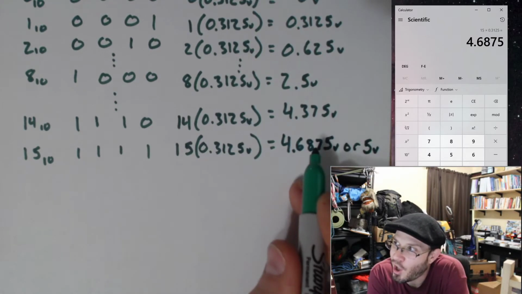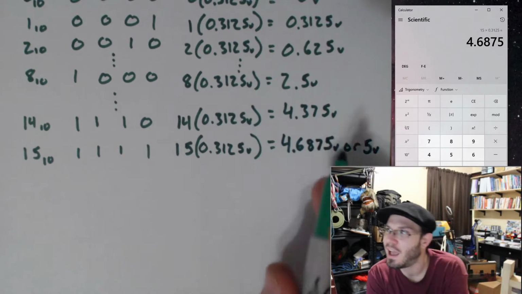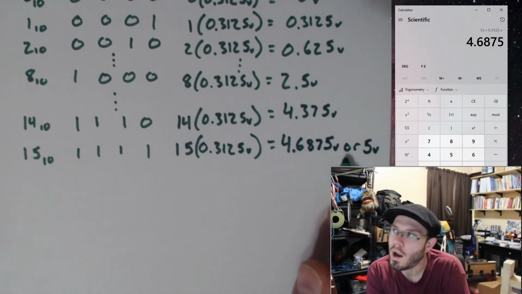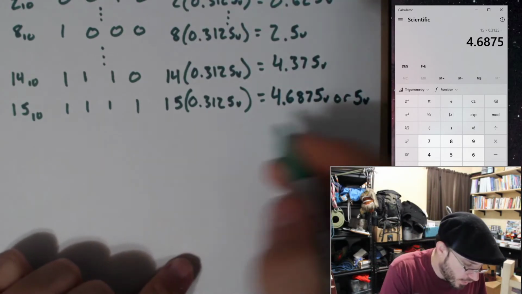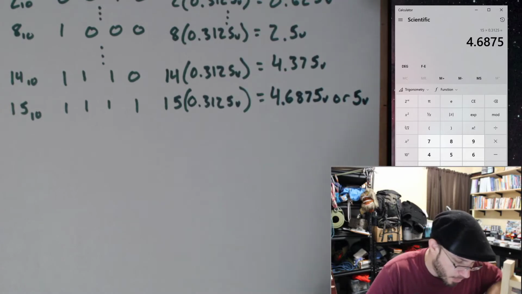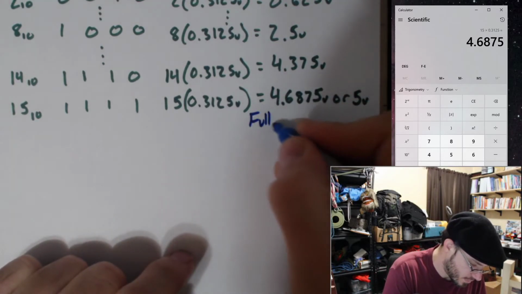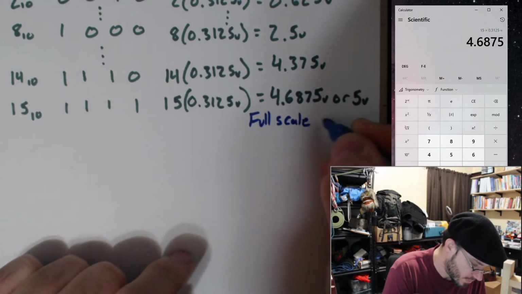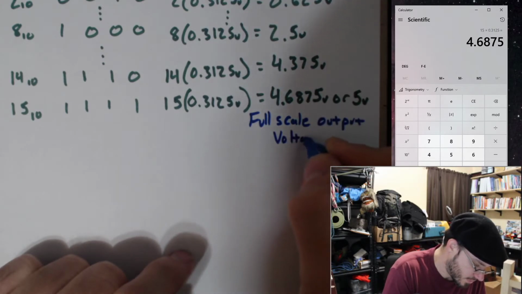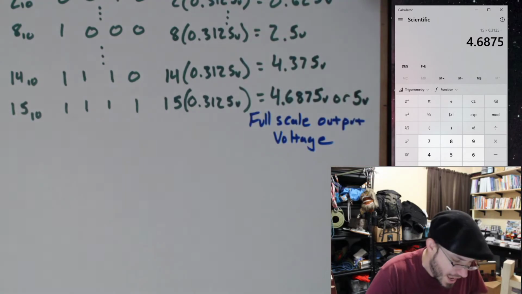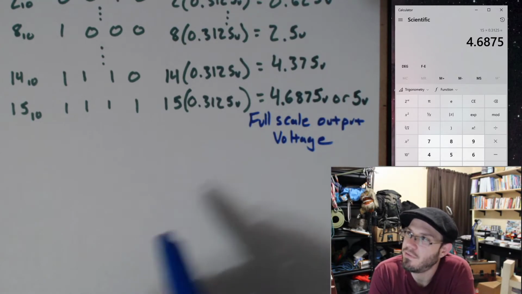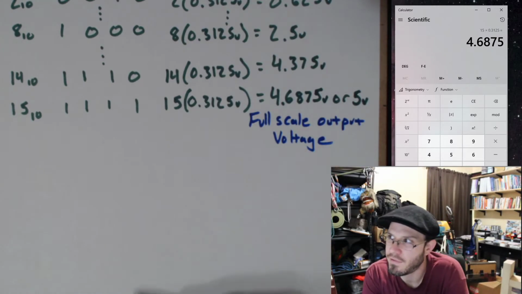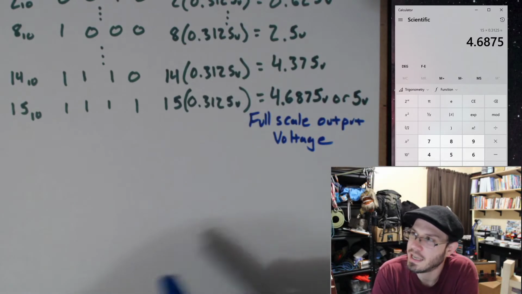However, it depends on the implementation of the digital to analog converter what our full scale output voltage is. So we would refer to this as our full scale output. And there's a little bit of gray area over here. Is it 4.6875? But it should be 5 volts. Our Vref is 5 volts. That's the highest output that we should get out of this.